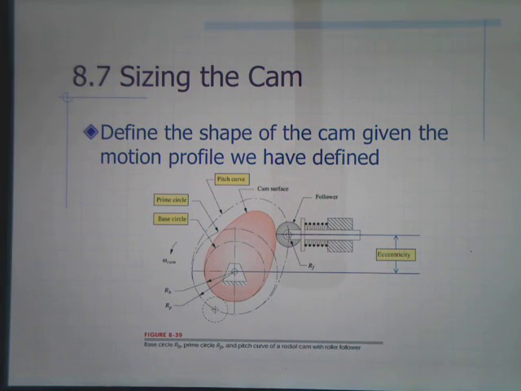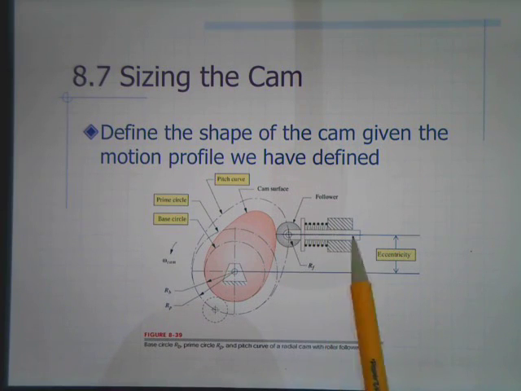Before we get into those equations, it's important that we go over a few definitions for this cam geometry. These are things like the prime circle, the base circle, the pitch curve, and the eccentricity. The eccentricity is relevant to this particular roller follower radial cam that we're dealing with here.